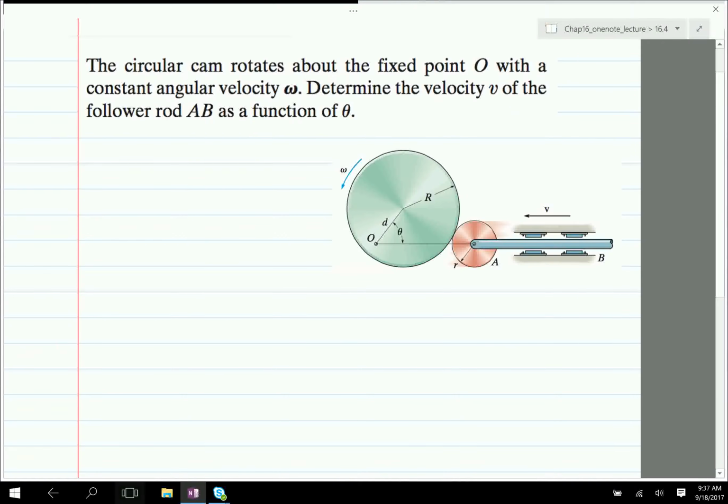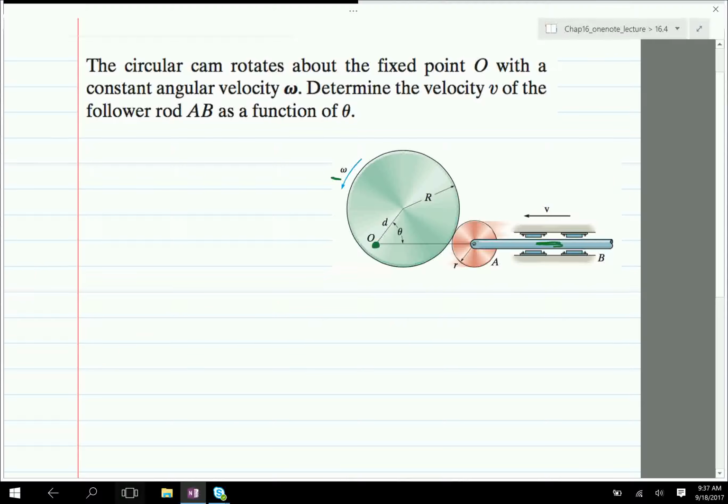Okay, the circular cam rotates about a fixed point O. So the cam is rotating about point O, not about its center, with an angular velocity of omega, counterclockwise, is given. Determine the velocity v of the follower rod AB. This thing is going to move back and forth as a function of theta.